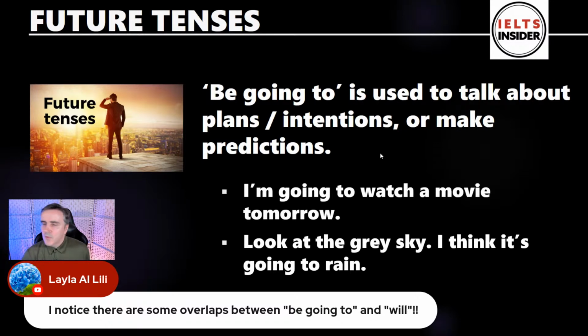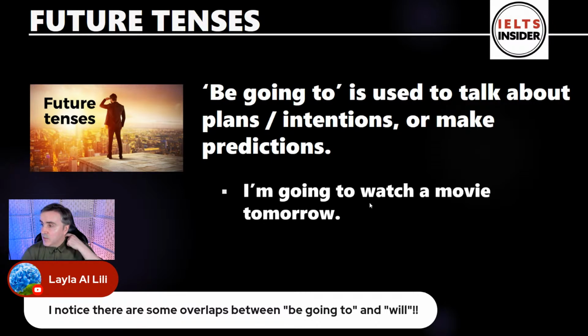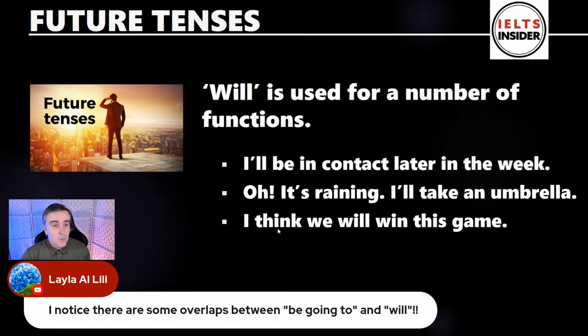Will can be used to talk about longer distances in the future as well. But there are some overlaps, especially when we're looking at making predictions. I think the difference here, using be going to, we're basing our prediction on some evidence, whereas the predictions we're using with will don't really need to be based on any sort of evidence.